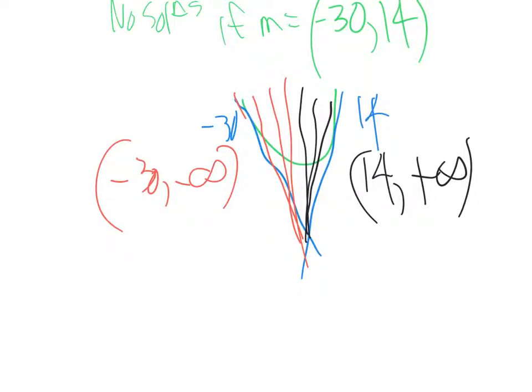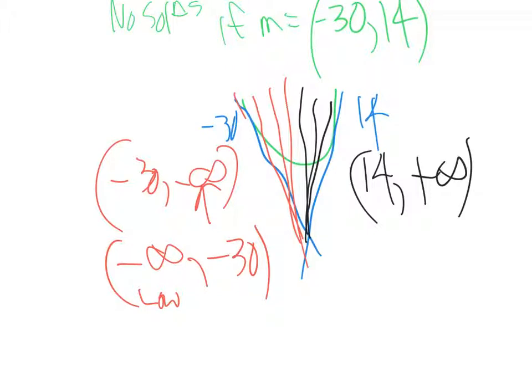Is there anything wrong with that? Which one of those is the lower number? The number that's further to the left on the number line. That number. So I need to write this as negative infinity to negative 30. Okay, negative infinity to negative 30. You always have your lower number and your higher number here, or better would be lesser and greater.